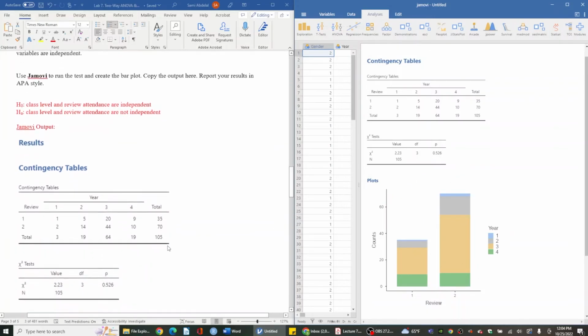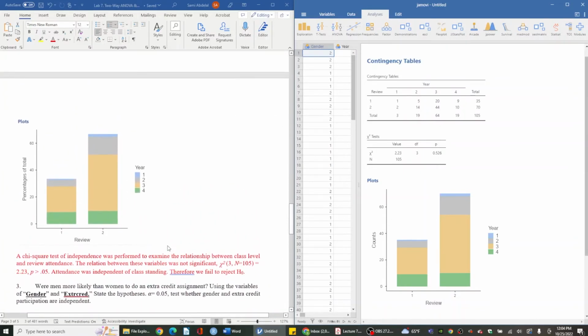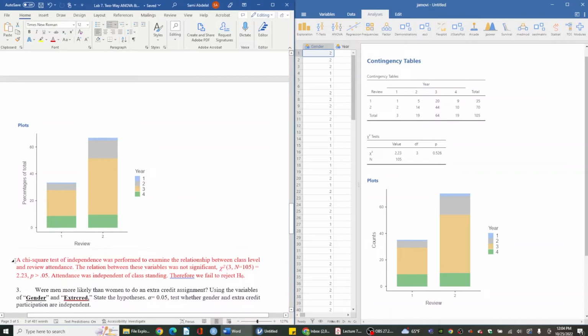So make sure to copy and paste both of those onto the assignment sheet, and this is how you'd write the results out. A chi-squared test of independence was performed, so the name of the test, and then what was your test looking at? We examined the relationship between class level and review attendance, and the relation between these variables was not significant. Again, this is our p, not significant. So chi-squared, the degrees of freedom, we have our N, the number of people in the sample.